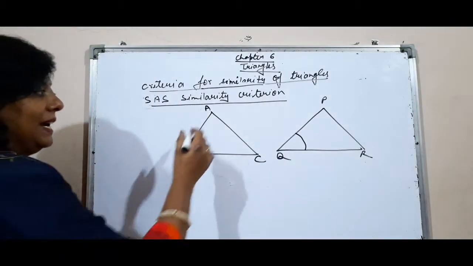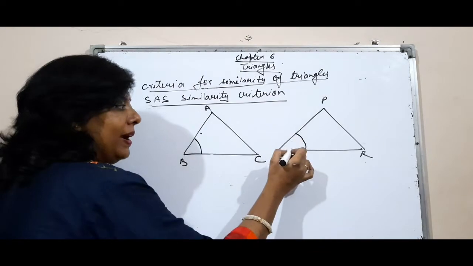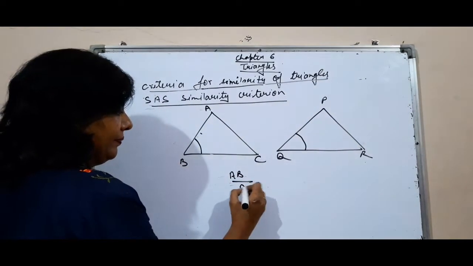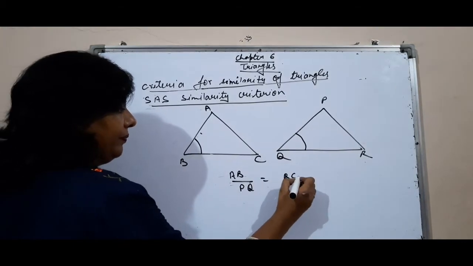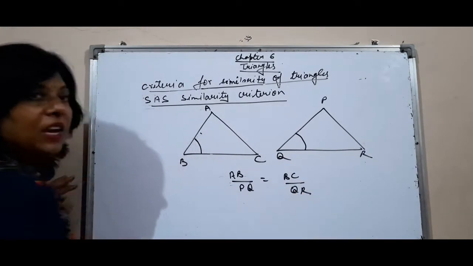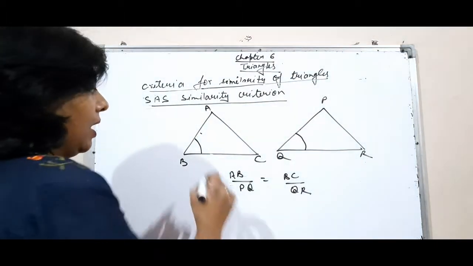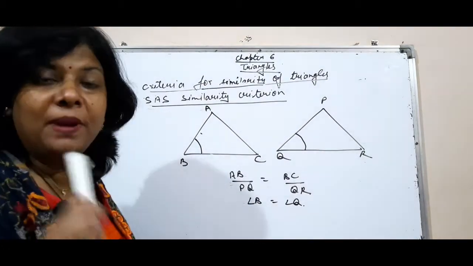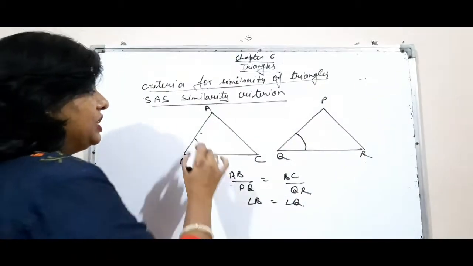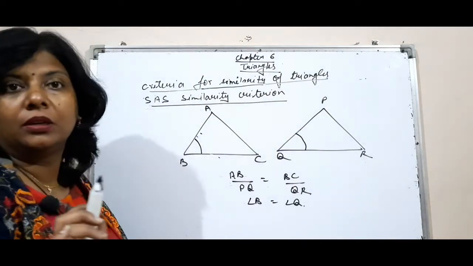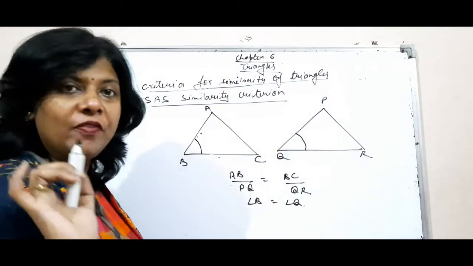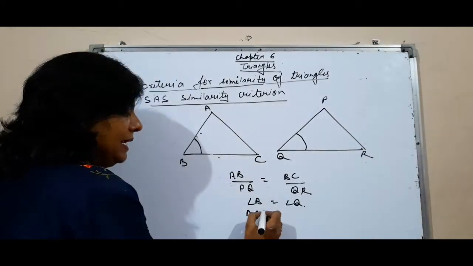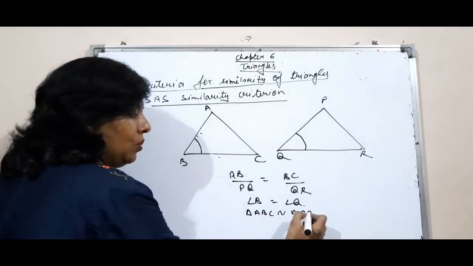If the corresponding two sides of a triangle are in proportion and the angle between these two sides are equal, the angle should be between these two sides which are in proportion. Then triangle ABC is similar to triangle PQR.